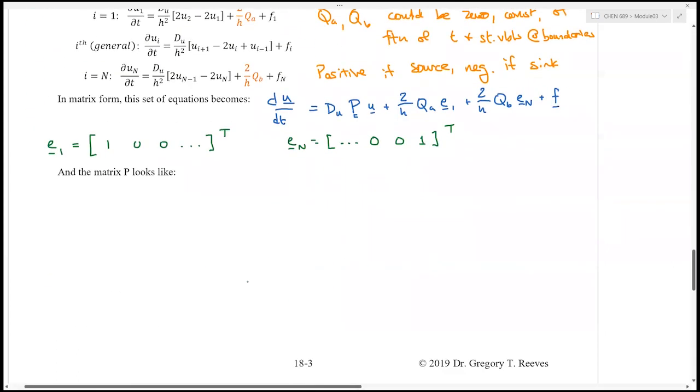Last thing about this is that the matrix P looks like the following. We did it row by row, but just what it looks like in total, you have the 1 over h squared out front, and then the matrix itself looks like you have a -2 in the first element of the first row, and then a 2, and then a bunch of zeros.